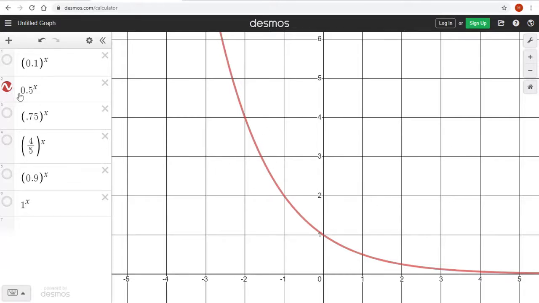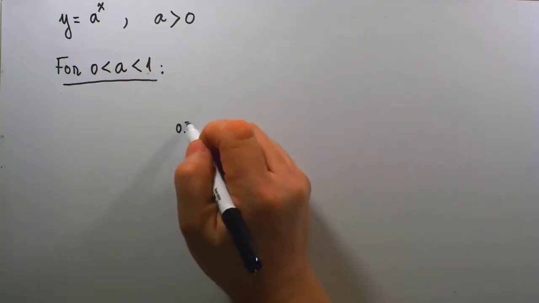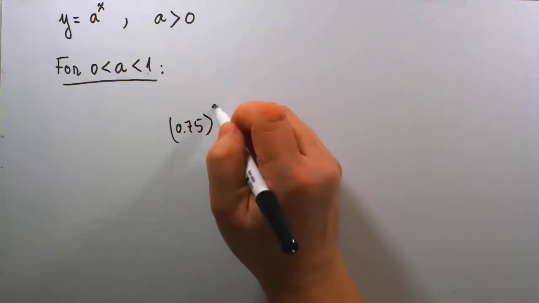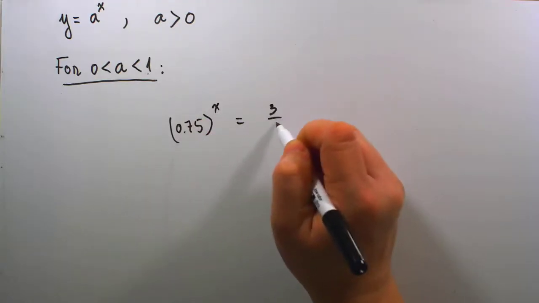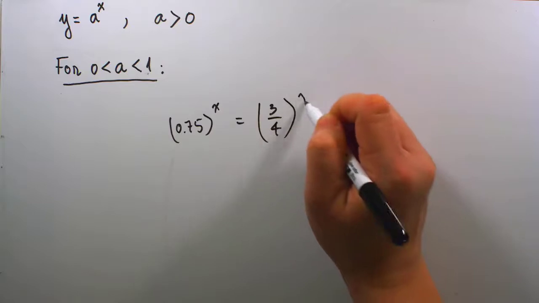Okay, so starting out with 0.5 that we have already seen, here's the graph of 0.5 in red ink. Now I am going to use a different value, still less than 1 but a little bit greater than 0.5: 0.75, or as a fraction, 3/4. You can think of this as 3/4 all raised to the x power. 0.75 to the x is the same as 3/4 to the x.